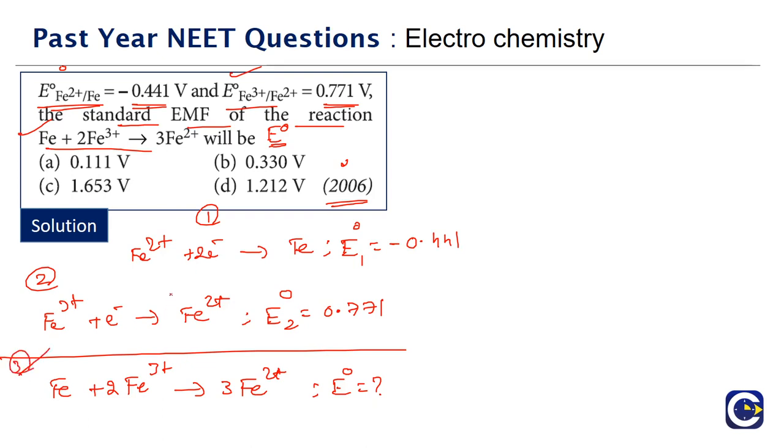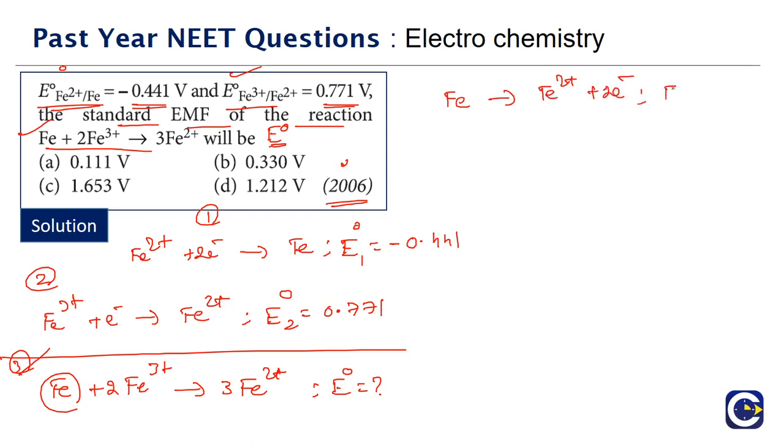If you take a careful look, in the final equation we have Fe on the left side. Fe is coming only in the first equation, but on the right side, means the first equation has to be reversed. If we reverse it, the equation is Fe gives rise to Fe2+ + 2 electrons.